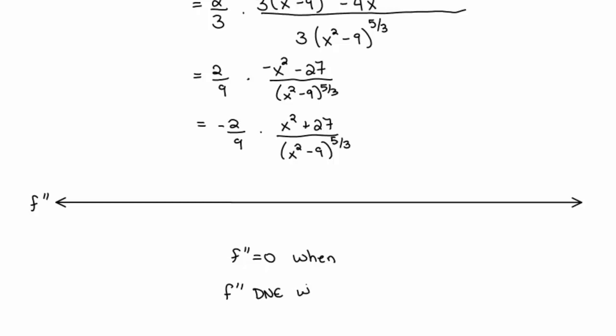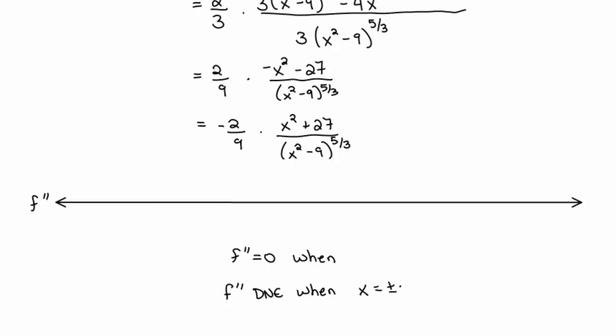So they're kind of like critical numbers in a way, but they're just not defined to be critical numbers. Now, if you notice, f double prime is going to be 0 when that numerator is 0. Well, that numerator is never 0. So, oh well. And f double prime is not going to exist when that denominator is 0, which is at plus or minus 3.